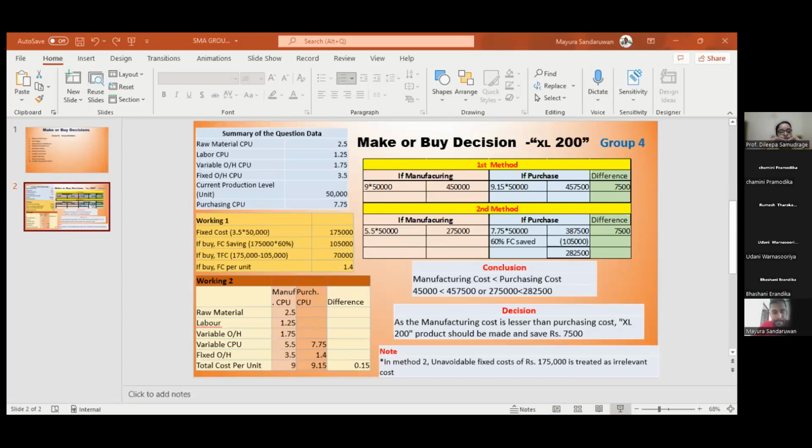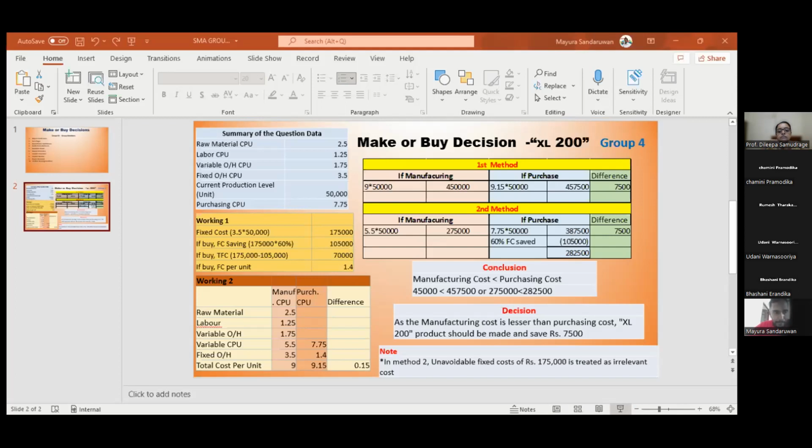In addition, they have to incur 40% of the fixed cost. That means 60% can be saved and the other 40% we have to incur. The per unit fixed cost that we have to incur if we purchase from outside is 1.4 rupees.